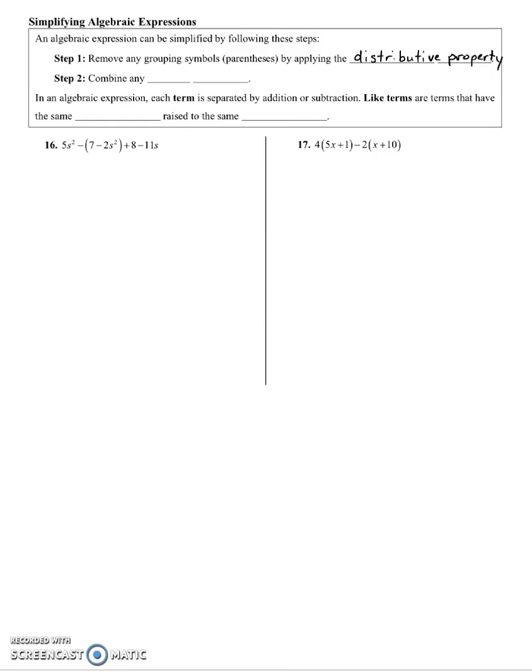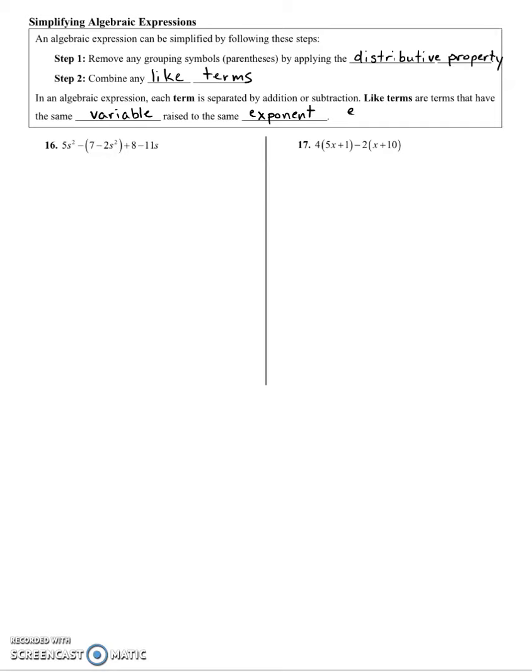Then we combine any like terms. Now, the question is, what is a like term? Like terms are terms that have the same variable or combination of variables raised to the exact same exponent.